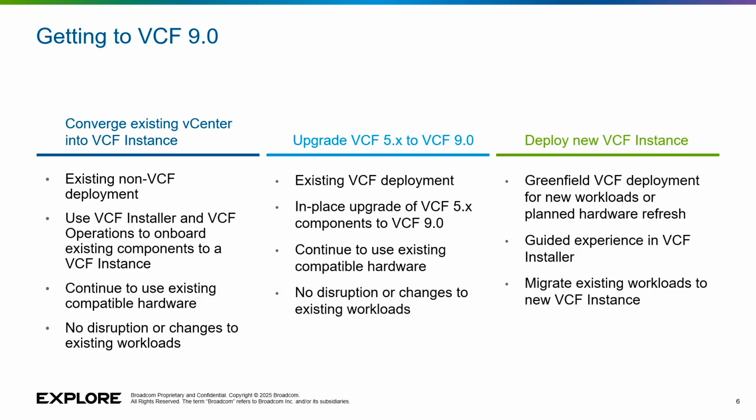This strategy would continue to use your existing hardware. We're not changing any of your workloads. You don't necessarily have to upgrade your vCenter or ESX to version 9 first, even though you have the option to. So it is flexible and is an easy way to get your existing environments under VCF 9 management and get the benefits of the enhanced management capabilities in VCF 9.